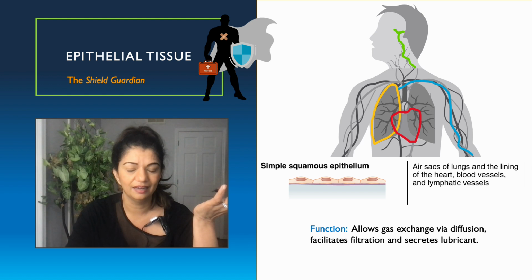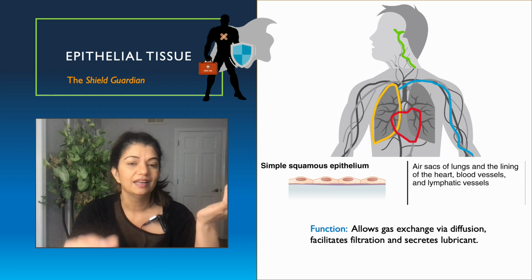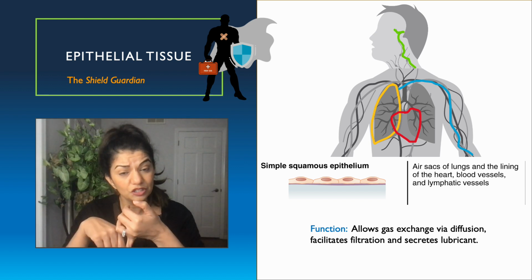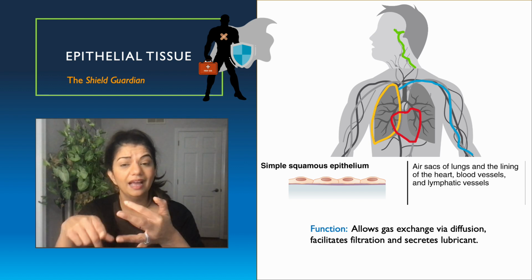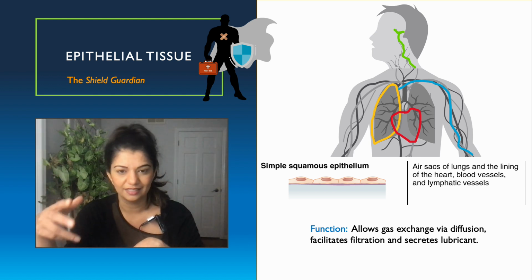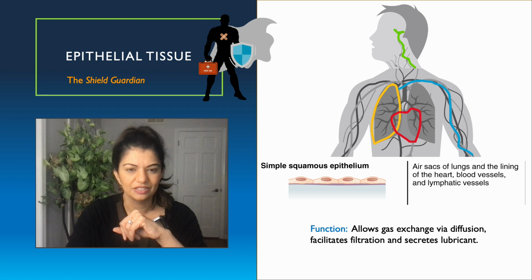Like obviously in the alveoli of lungs, it's going to be present for gas diffusion. And then the segments of the kidney tubules are going to have this too. And the linings of capillaries are also going to be made of epithelial cells. And then obviously lymphatic vessels, as you already know.